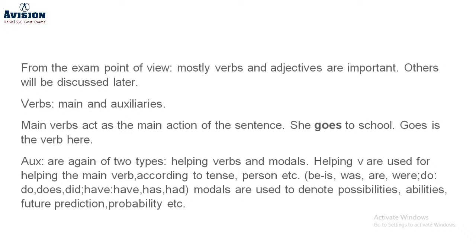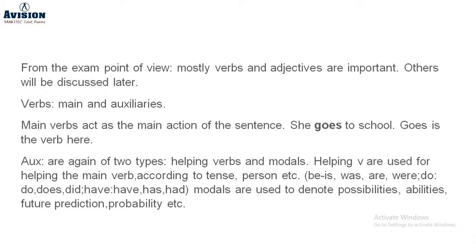Is and was are for singular, and is is used for present tense, and was for past tense. Are and were are both for plurals.